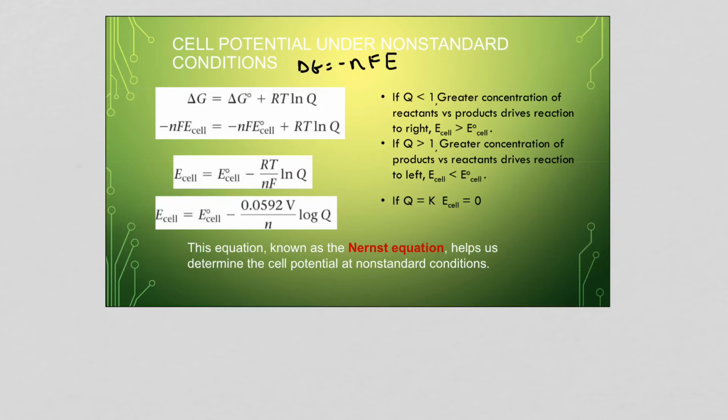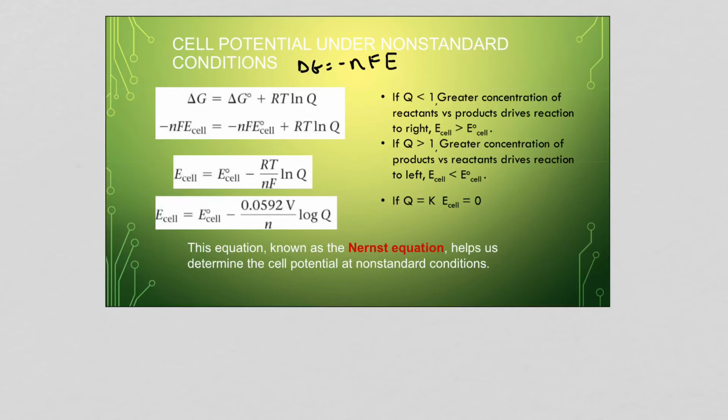We end up with our final equation: the cell potential equals the standard cell potential minus 0.00592 volts divided by the number of moles of electrons in the balanced equation, times the base 10 log of Q. This is what is commonly known as the Nernst equation. It's a fairly well-known electrochemical equation that allows us to calculate the cell potential under non-standard conditions.